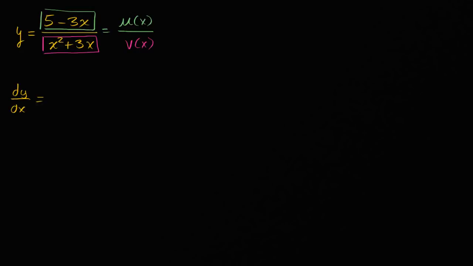This is going to be the derivative of the function in the numerator, so d/dx of u of x, times the function in the denominator, v of x, minus the function in the numerator, u of x, times the derivative of the function in the denominator, d/dx of v of x.